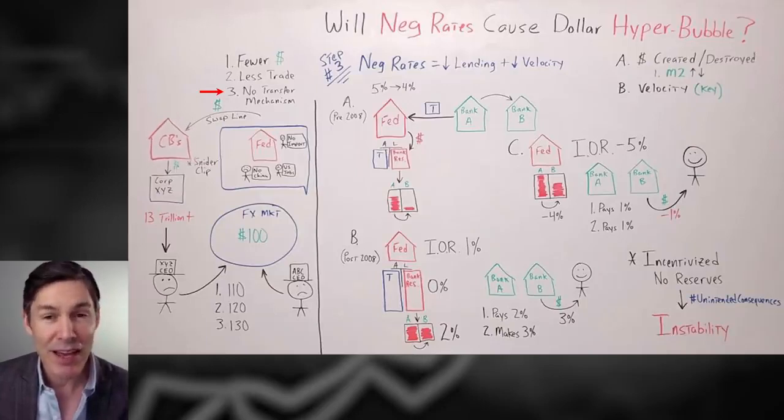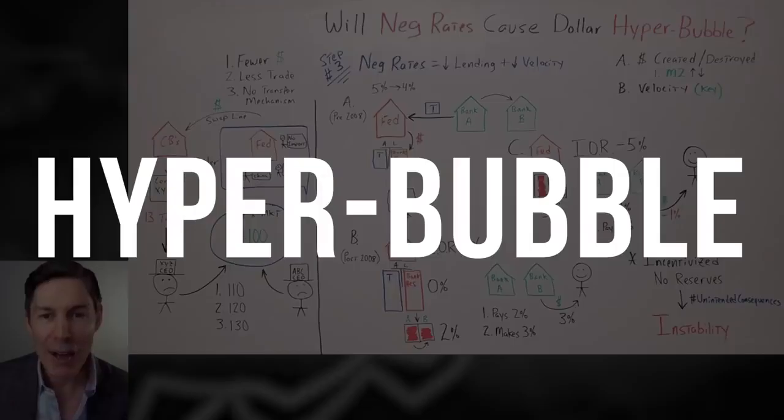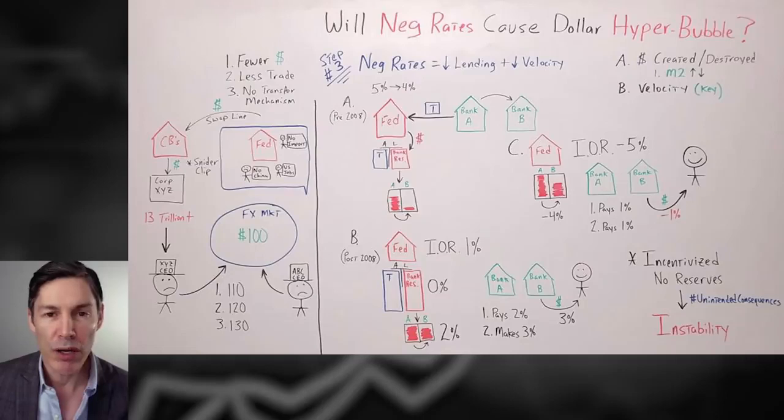The central banks and the Fed really don't have a way to combat it. And if the system stays the same as it is today, that is key, and we introduce negative interest rates, you can see how the dollar could go into a hyper bubble. And I'm talking about the DXY going from 100 to 120 to 140. Who knows where it could end?